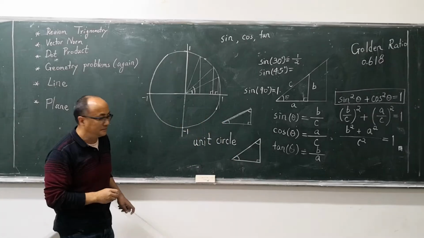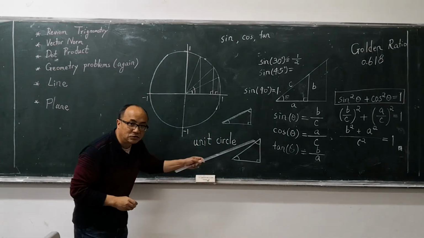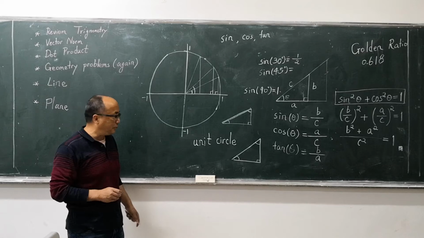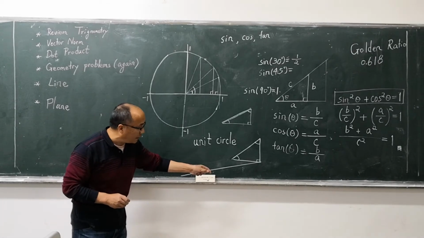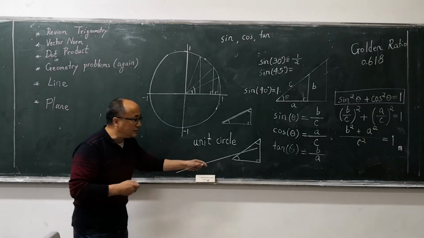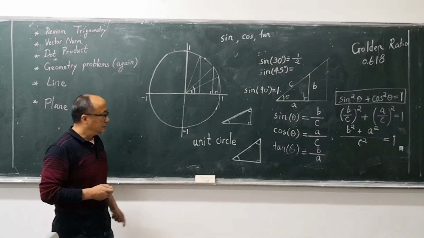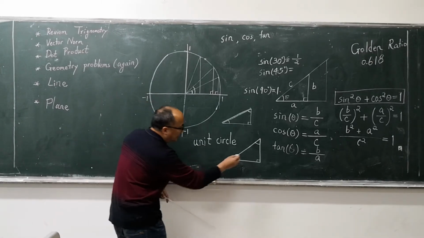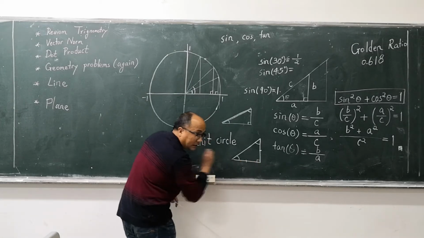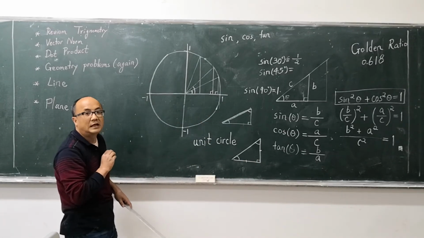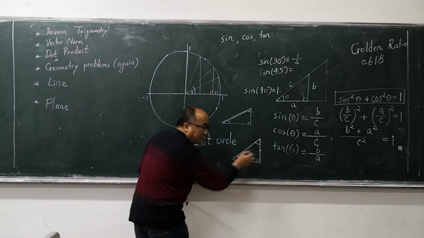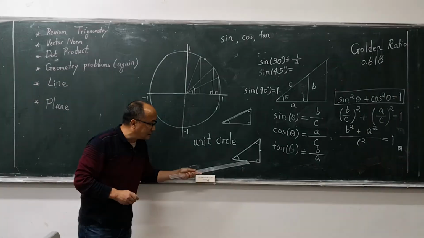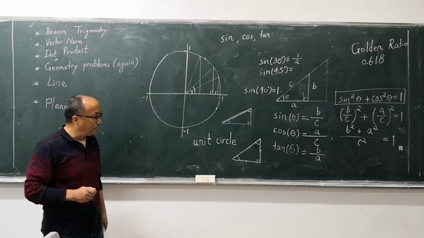Also 45, because this one plus this one has to be 90 degrees. So this already has a 90 degrees, so totally it is 180 degrees. So for 45 degree, this has to be 45 degree. So this and this are equal length, because the angles are equal, so the sides are equal.